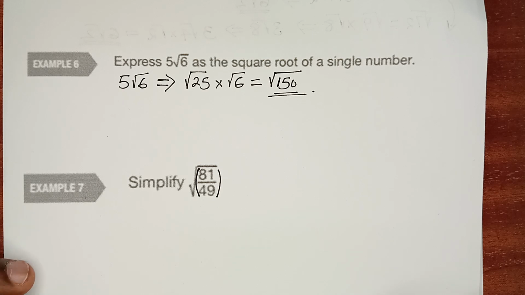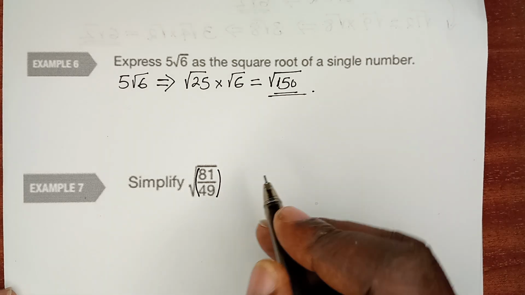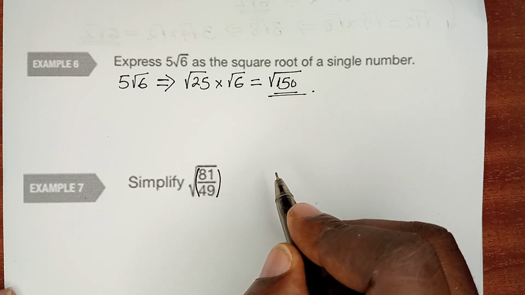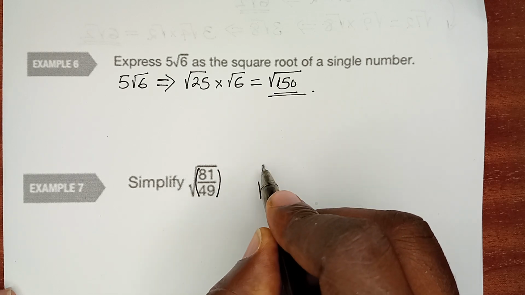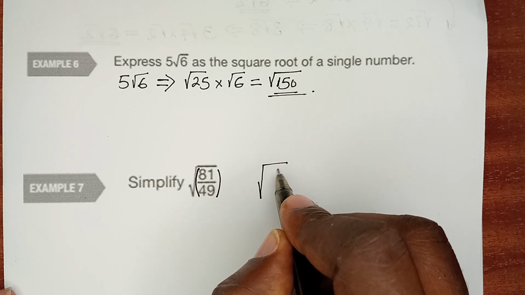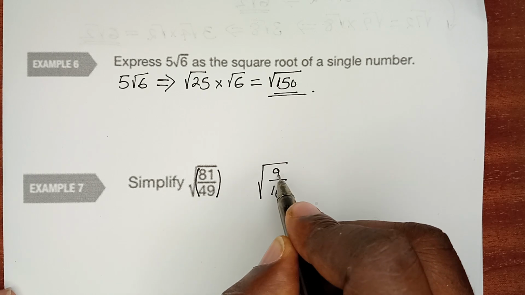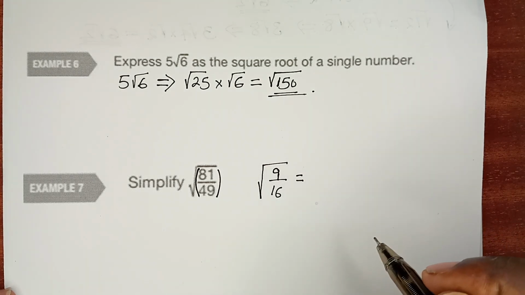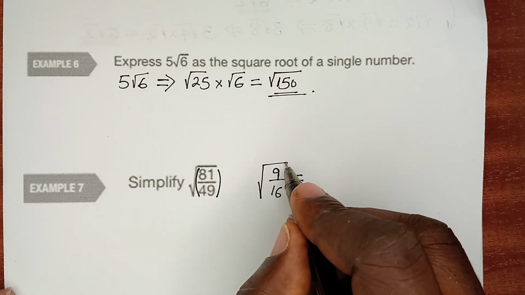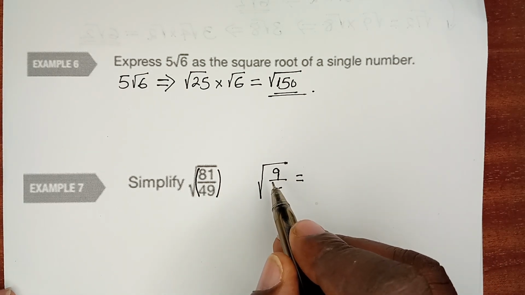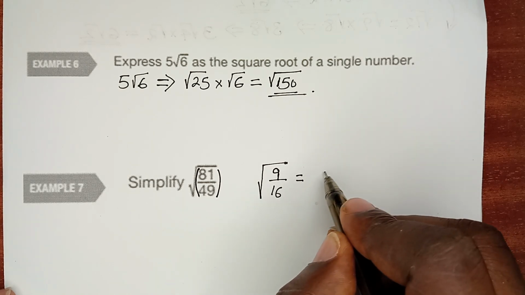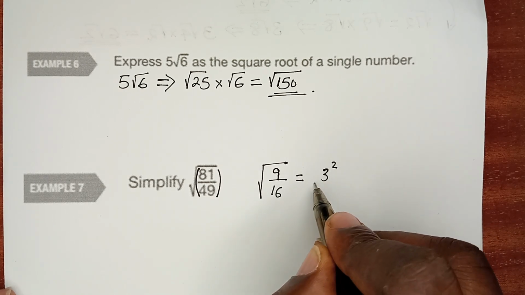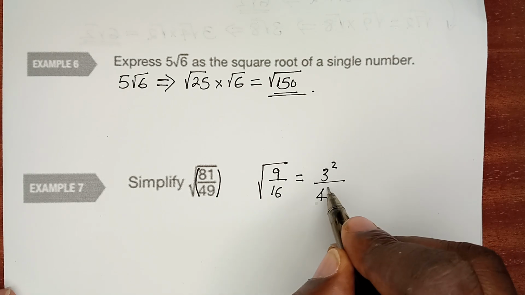I want us to first of all understand one small thing here. For example, if we happen to have the square root of numbers which are easy, let's say 9 over 16, this is the same as saying 3 over 4. Before we can do that, how is 9 realized? Of course, 9 is 3 squared all over 4 squared.